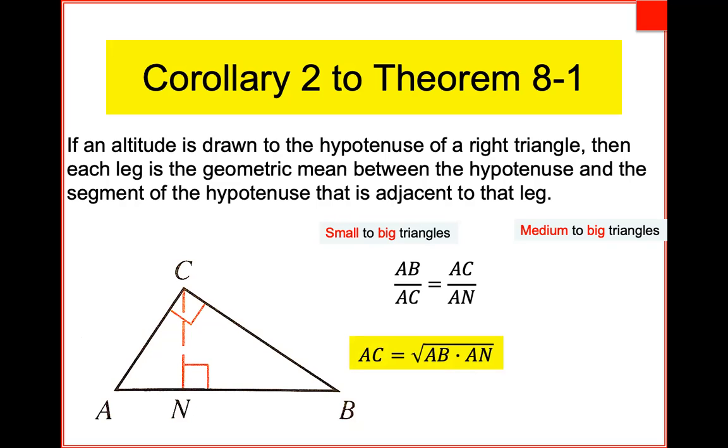That's how I kind of remembered it in high school. So AC is the square root of AB times AN. Correct. But the issue is, how do you remember this? So for me, if I start over here, I'm going to use this piece and the whole piece. That's how I kind of remember.